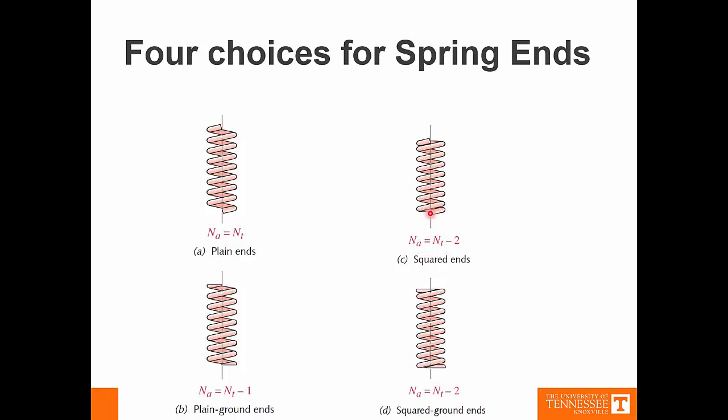The active coils are the ones that are actively helping us resist our motion. And then finally, the combination of the two, if you start with squared ends and then ground it flat, this will be squared and ground, and this one is the easiest one to stand, most balanced. Notice that squared ends and ground ends both have total coils minus 2 as the number of active coils. So we need to make an assumption here about which one we want to do.